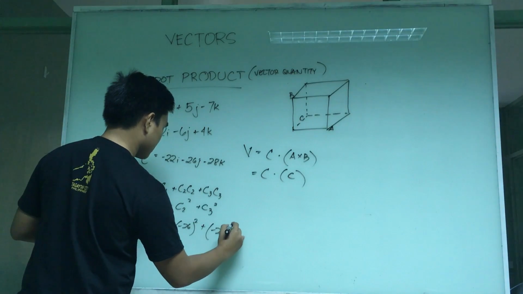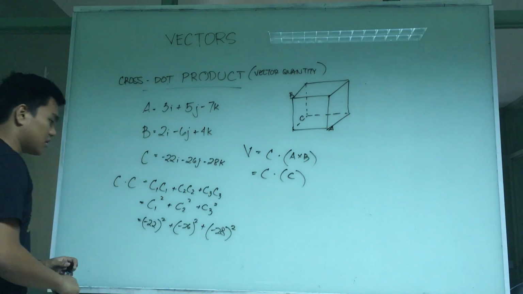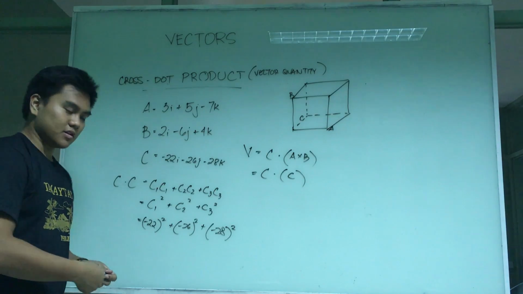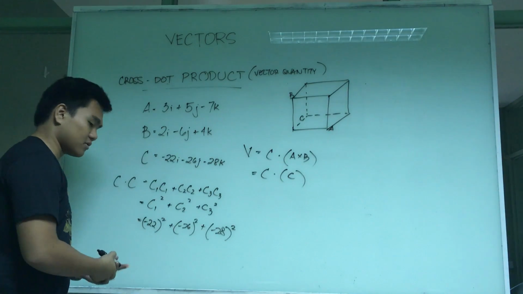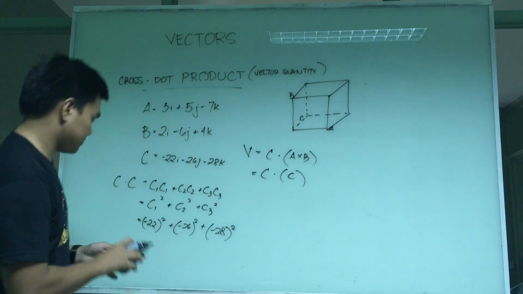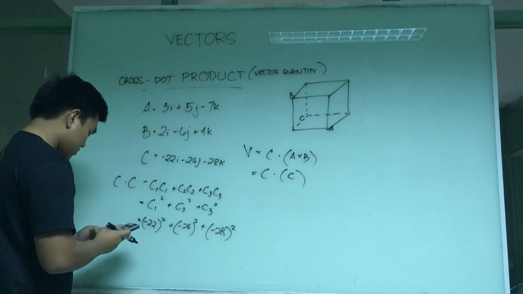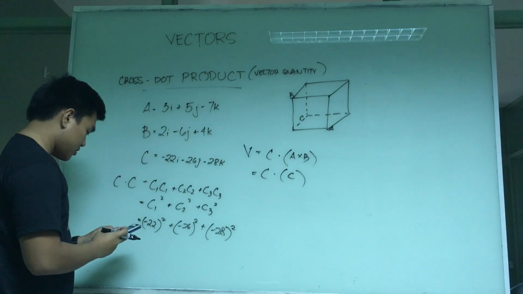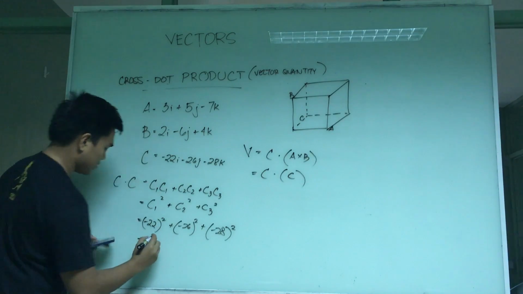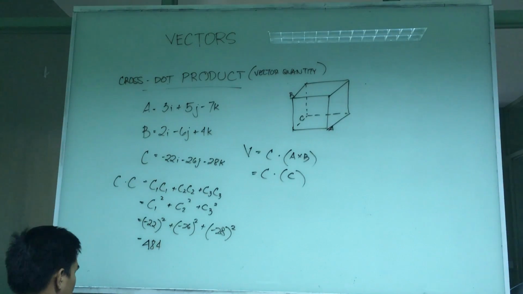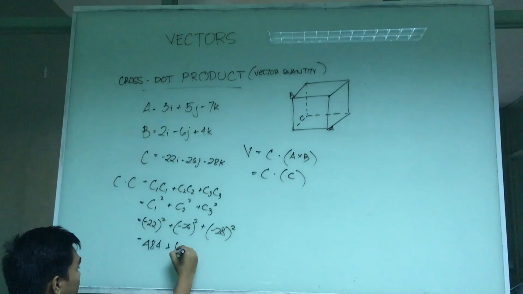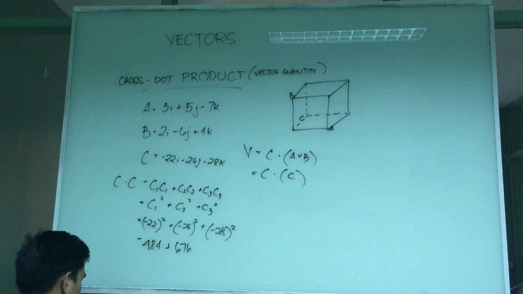Now we can find each value by using a calculator. Negative 22 squared is equal to 484. Next, negative 26 squared is equal to positive 676.